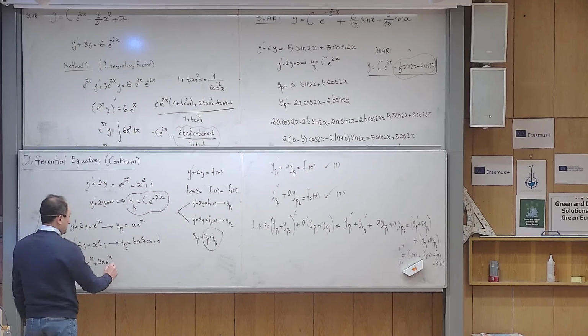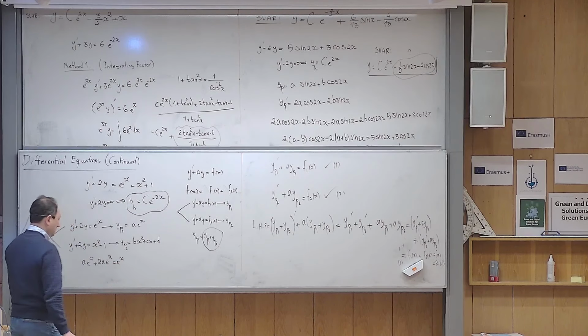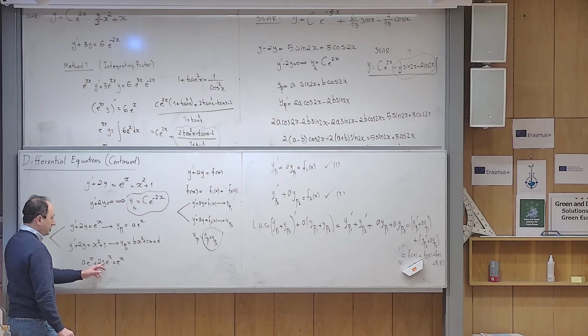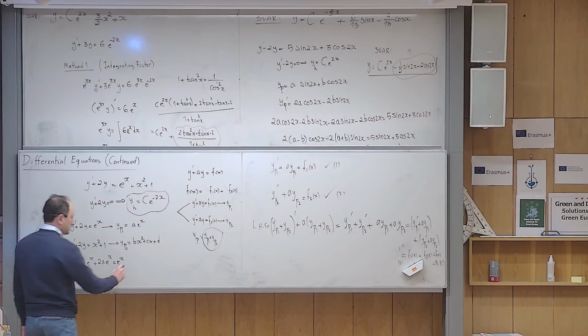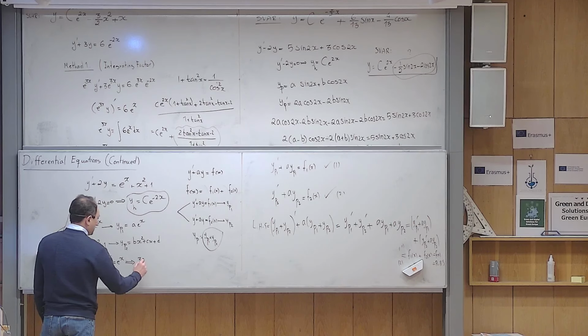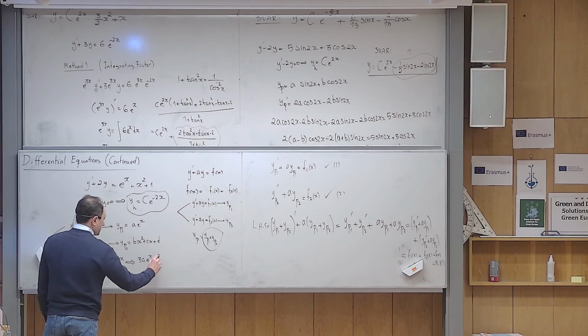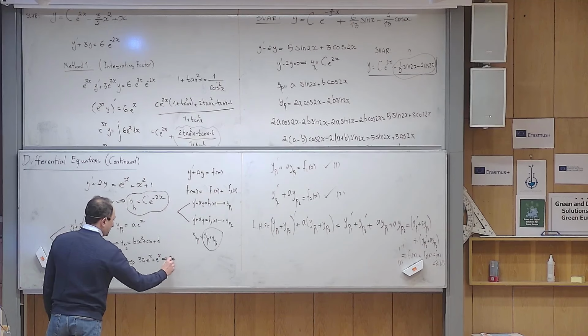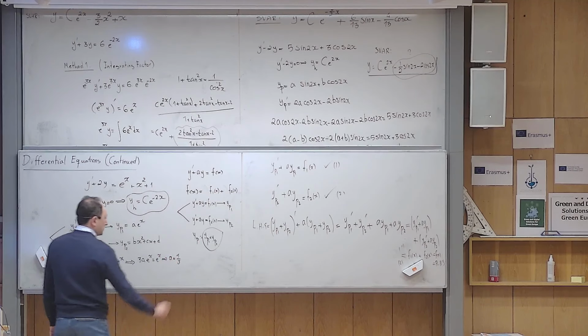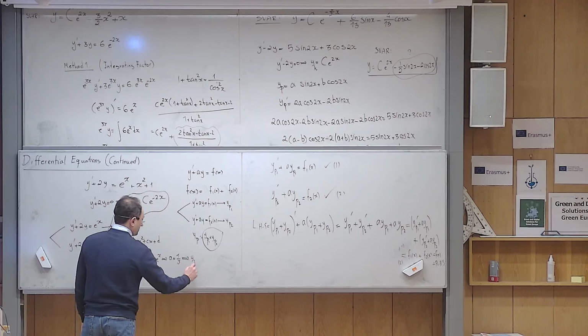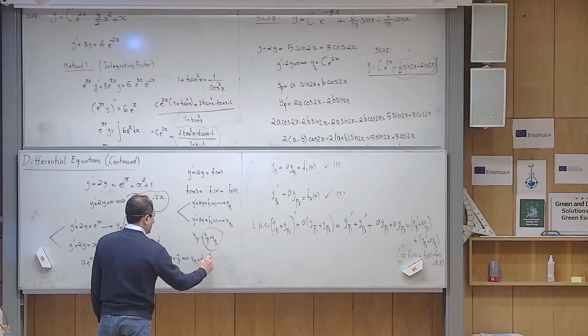This is supposed to be equal to e to the power x. So 3a e to the x is e to the x. So this means that a is 1/3. So I got my first particular solution, which is 1/3 e to the power x.